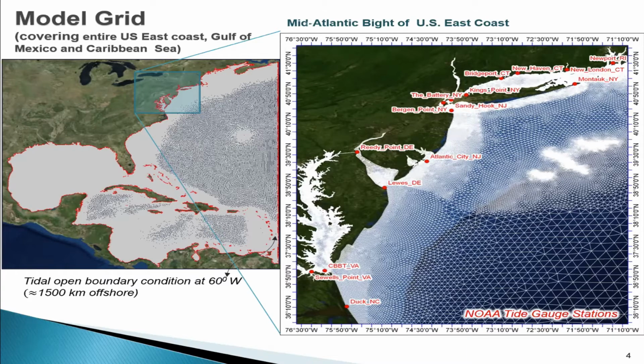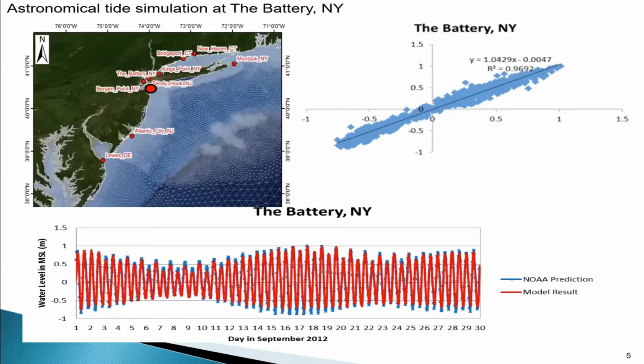On the right panel is the US East Coast unstructured grid, and on top of it, red showing all the NOAA tidal gauge stations that will be used for comparison with the model. First, we did astronomical tide simulation. Given the boundary about 1,500 kilometers away, we want to see if astronomical tide can be simulated properly, and it does.